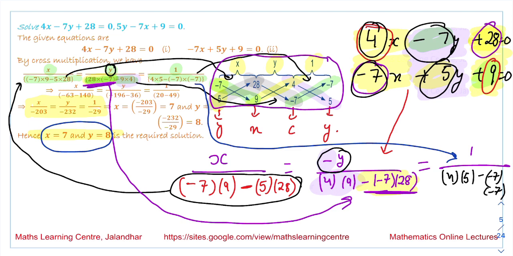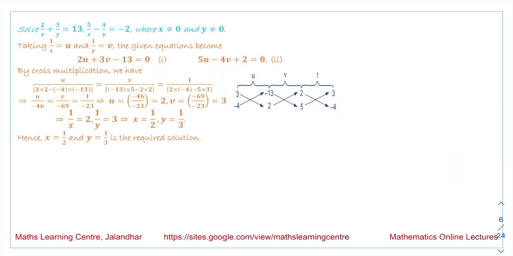Now next it is 2 over x plus 3 over y is equal to 13. So this is not a linear equation, so we have to convert this to the linear form. To convert these equations into the linear form, we know the substitution that we have to do is 1 by x is equal to u and 1 by y is equal to v.